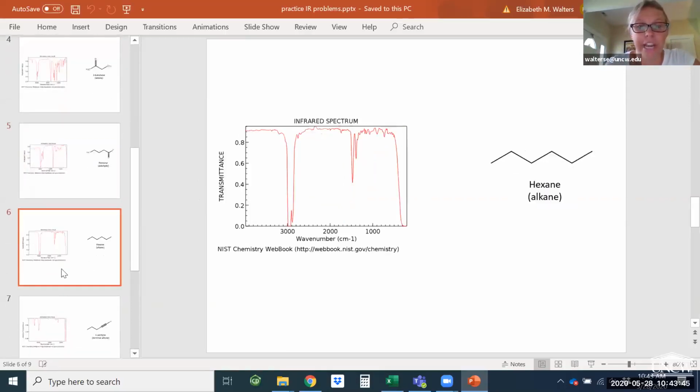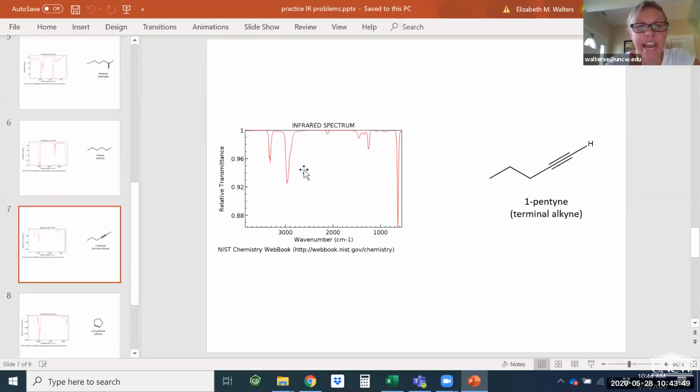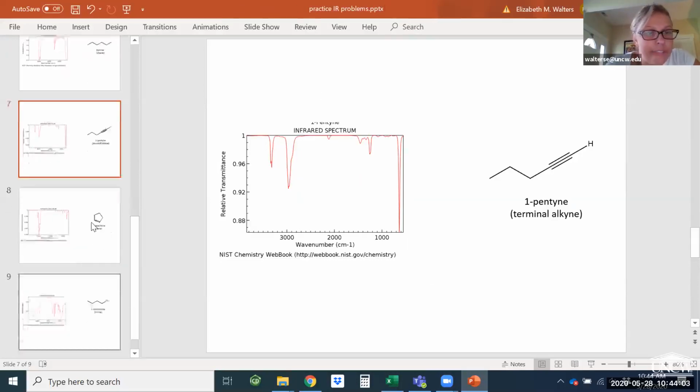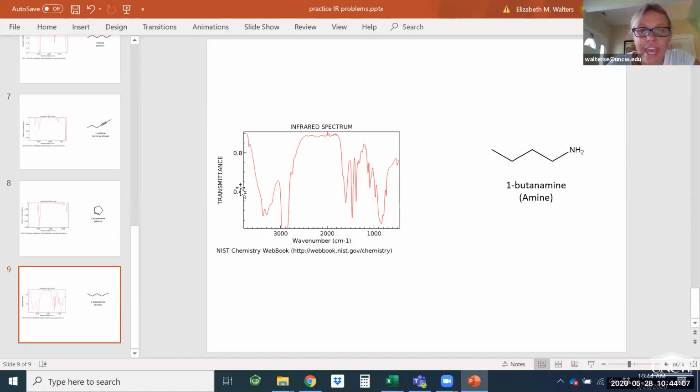Here's a plain old alkane. An alkyne, so you have a terminal alkyne. This one right here is the sp carbon to hydrogen stretch. That's this thing right here. And then I have an alkene and then an amine.